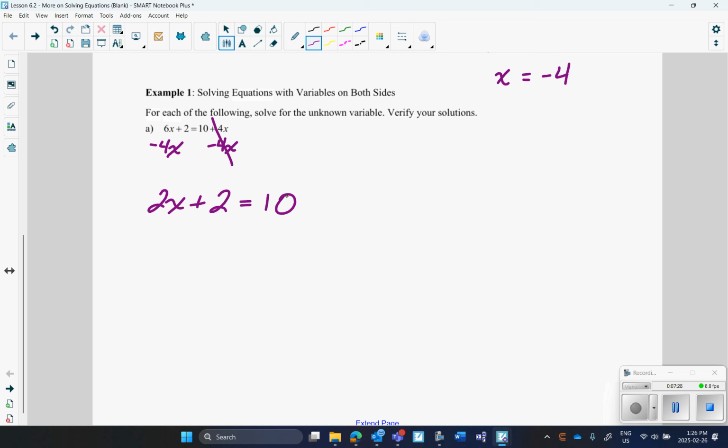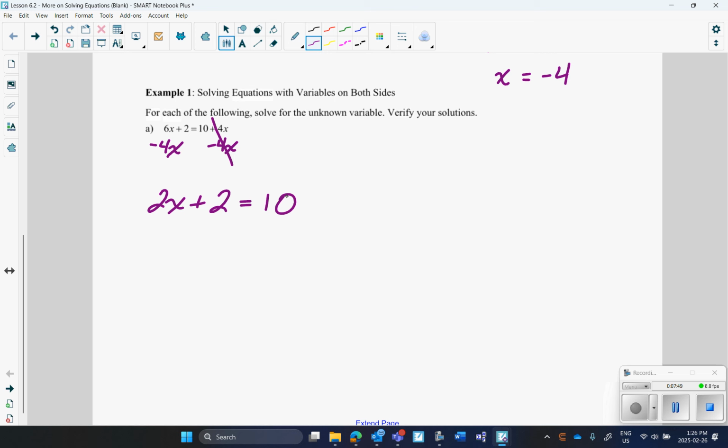Sure. Negative, or x equals negative 4. X equals -4. Okay. Sarah? X equals 4. X equals 4.